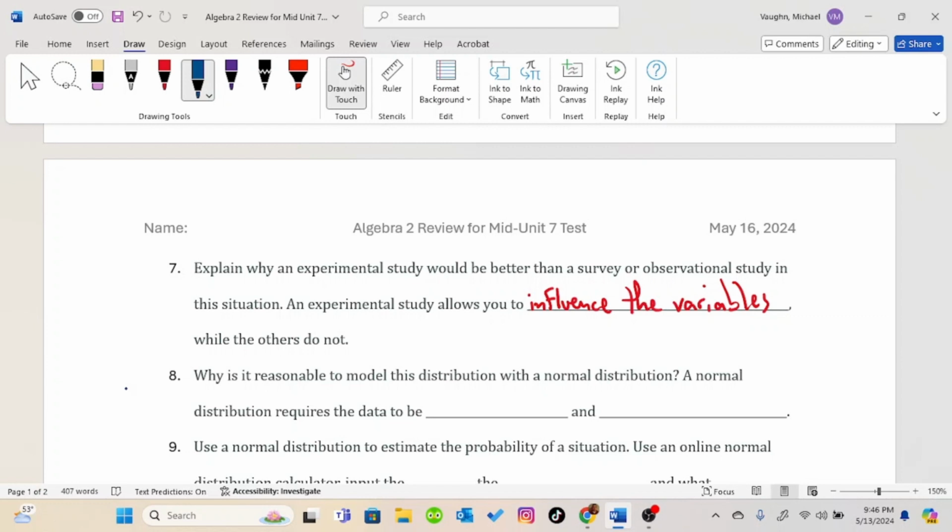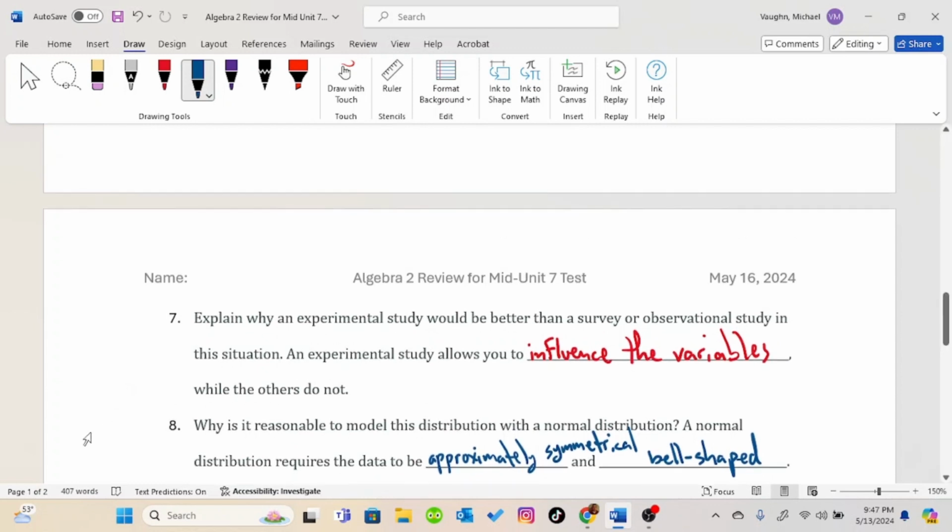When trying to answer this one, remember a normal distribution requires the data to be approximately symmetrical and bell-shaped. It must meet these two criteria in order to use normal distribution and the tools that go along with it.